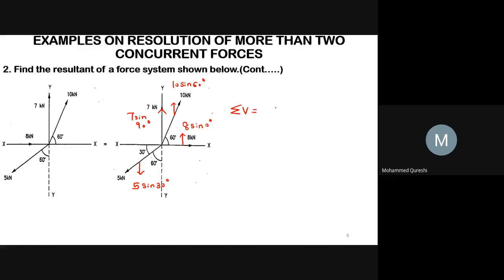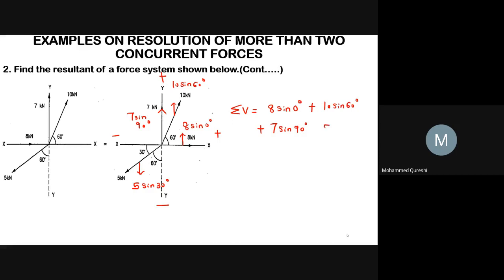So first of all, sigma v equals 8 sine 0 degree. It will be plus, plus, plus, minus. So 8 sine 0 will be plus as it lies in the first quadrant. Then plus this component, 10 sine 60 degree. Then the third component, 7 sine 90 degree, will also be plus.